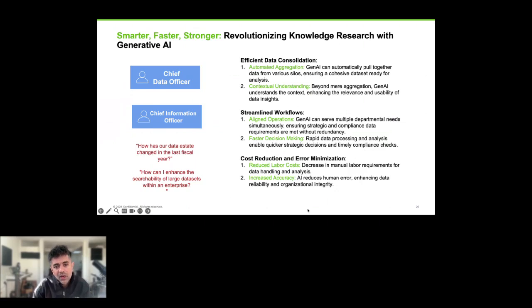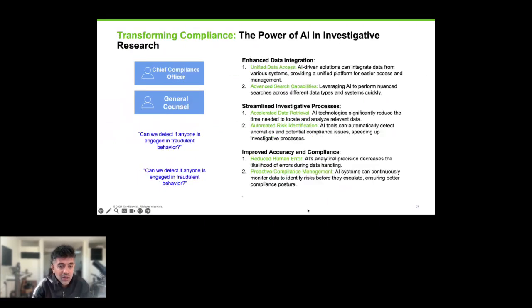The third one is around investigative research, and this is where compliance teams, we've worked with so many compliance teams, deal with more false positives than true positives when it comes to finding compliance holes in an enterprise. You can look back to almost every case, like the Enron case or the Deepwater Horizon case, where if you actually look deeply, the amount of money spent on discovery was so high.